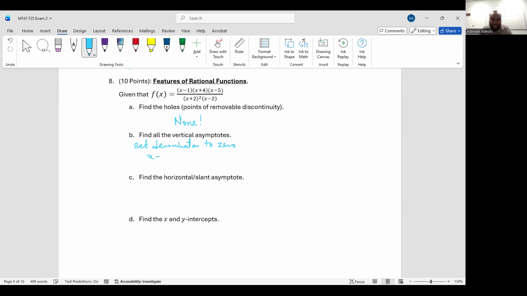So we have (x plus 2) squared times (x minus 2) equals 0, which implies that our vertical asymptotes are x equals -2, with multiplicity of 2, and x equals 2, with multiplicity of 1.